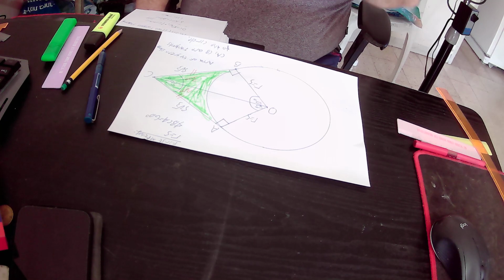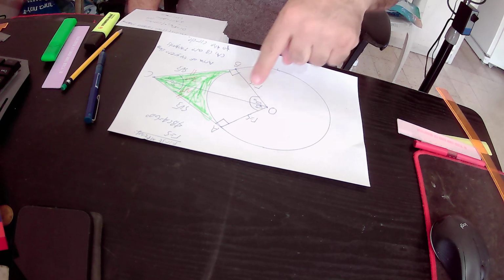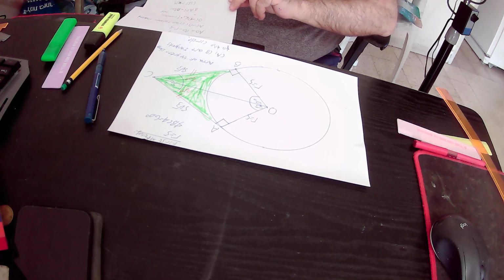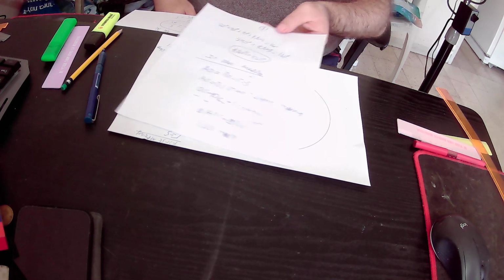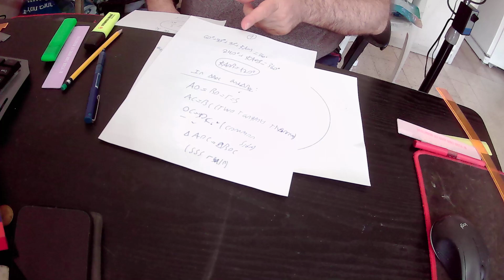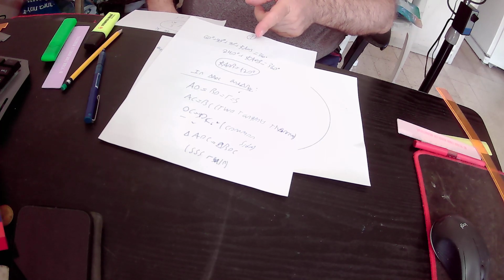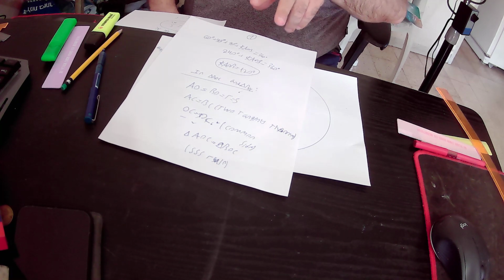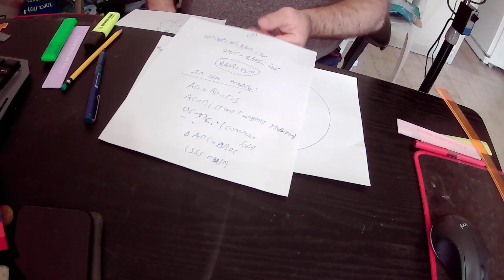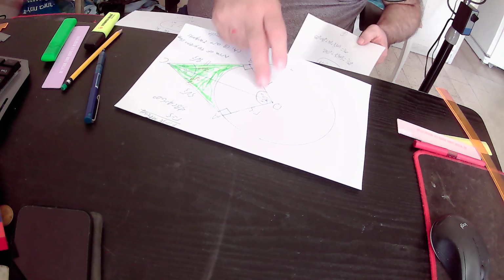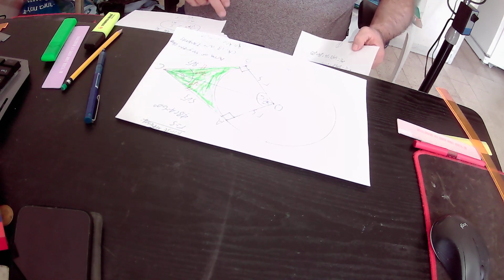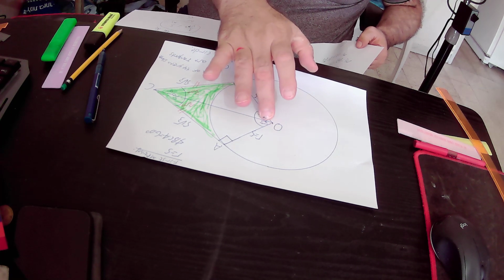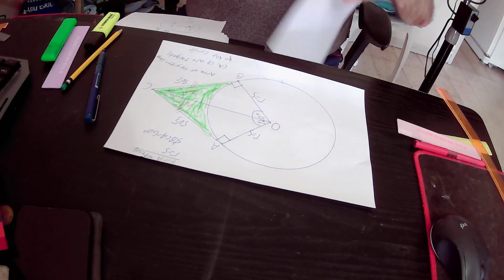That is to say, 60 degrees plus 90 degrees plus 90 degrees plus the size of angle AOB equals 360 degrees. From this simple equality we got that the size of angle AOB is 120 degrees.